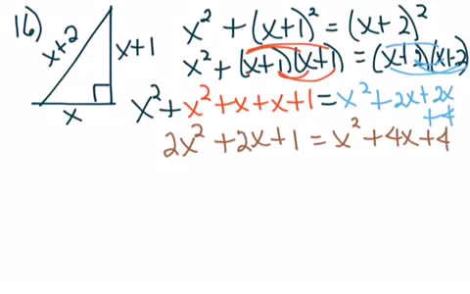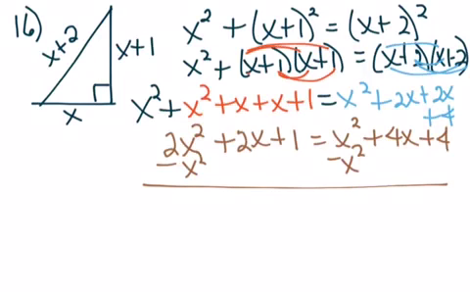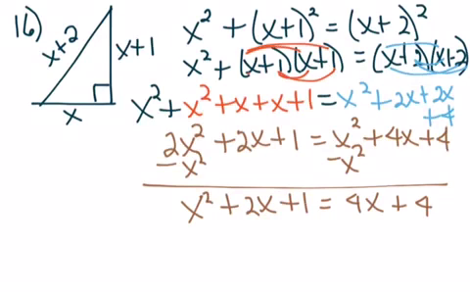In order to factor it, to solve it, we need to put everything on one side. So let's subtract x squared from both sides. Now we have 2x squared minus x squared is just x squared plus 2x plus 1 equals 4x plus 4.